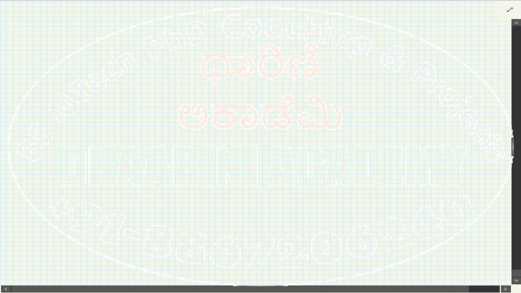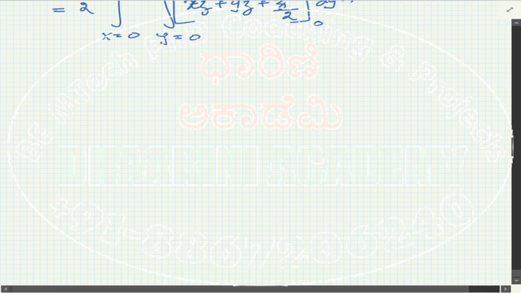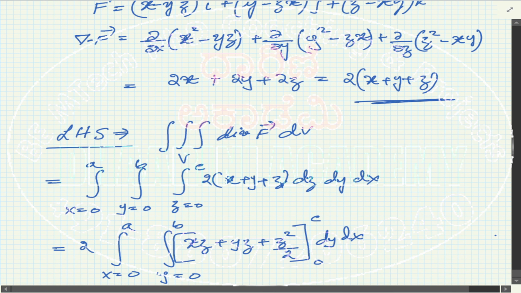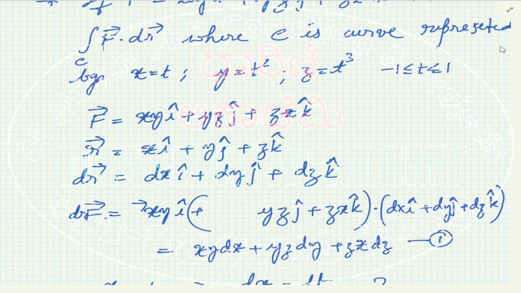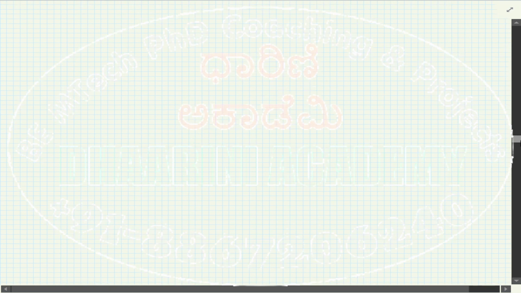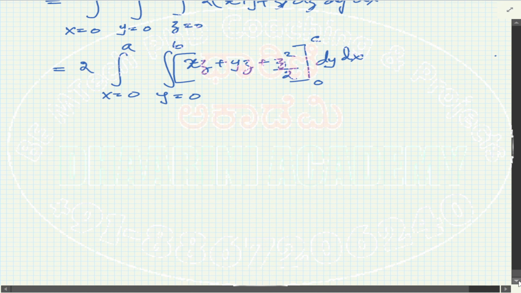Okay, in the next step I'm going to simplify this and substitute the values. Put the value of z as c.